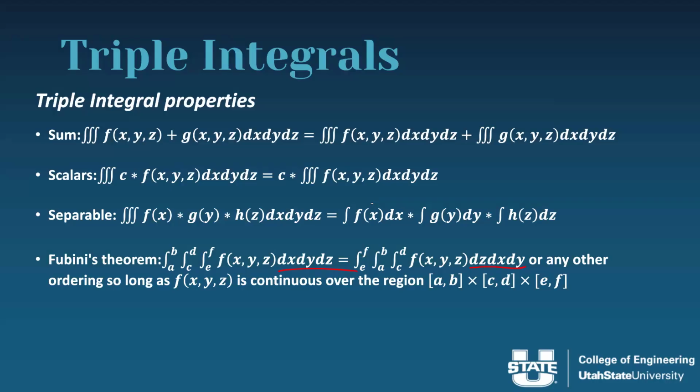Yeah. And then separable is just if they're individual functions, meaning it's not separable if you have like a cosine of x, y. Yeah, then you can separate them out. Yeah, that's all that one is saying.